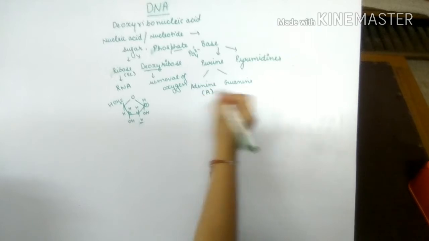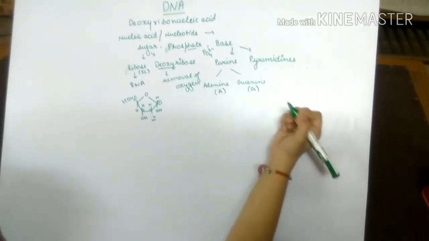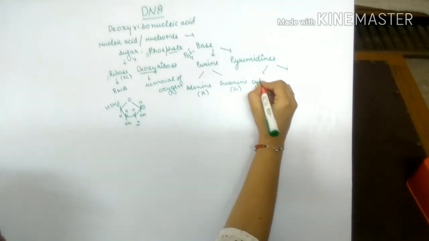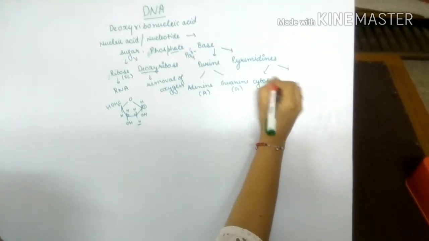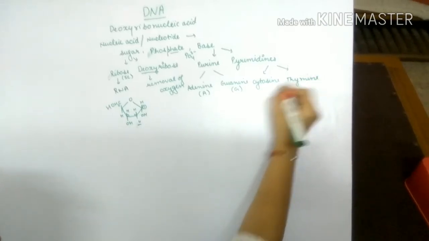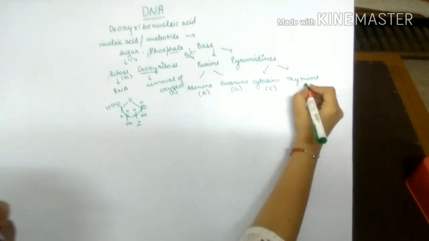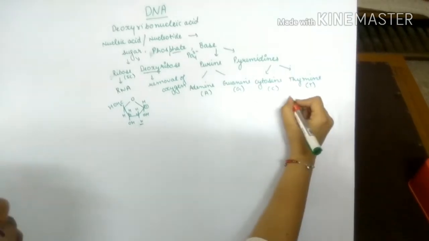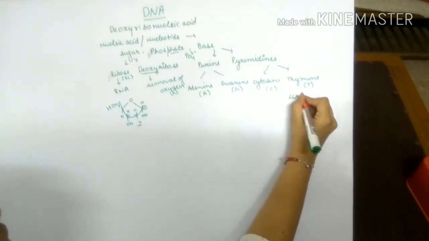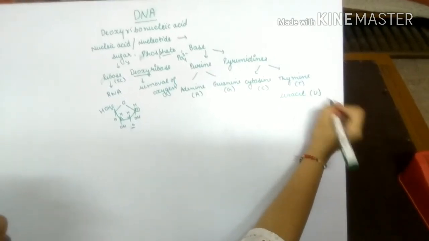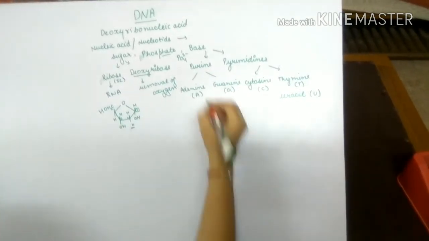Adenine is denoted as A and guanine is denoted as G. And pyrimidines are cytosine and thymine. Cytosine is denoted as C, thymine is denoted as T. But in the RNA, there is a third pyrimidine known as uracil, which is denoted by U.